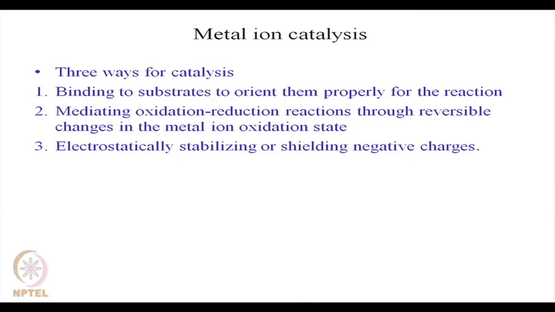The third is electrostatically stabilizing or shielding negative charges. So, for the first one, the metal ion will bind to the substrate so that the substrate is properly oriented for the reaction to take place.